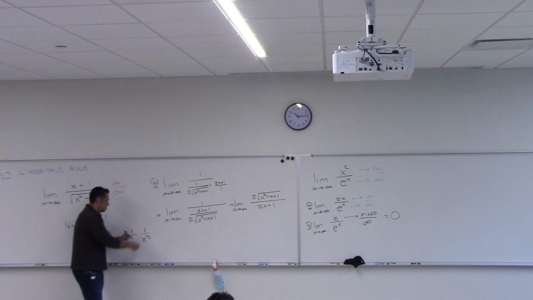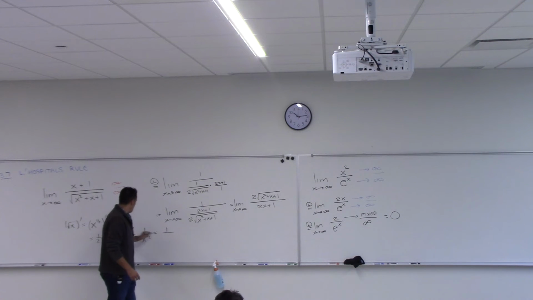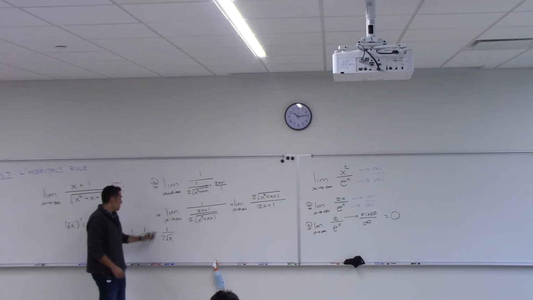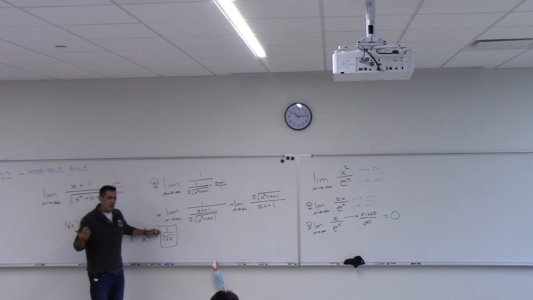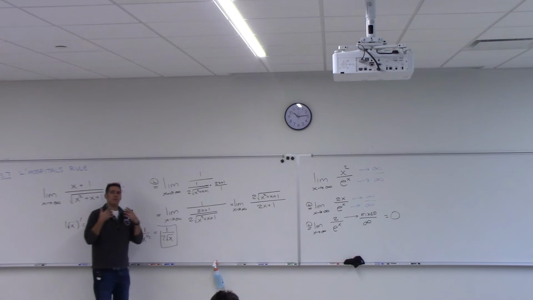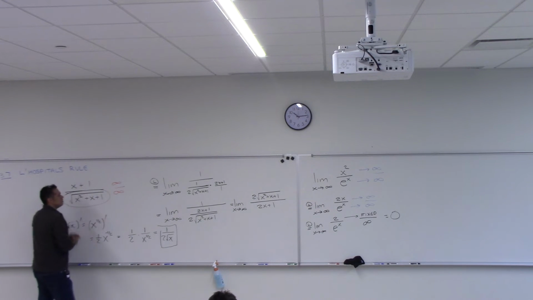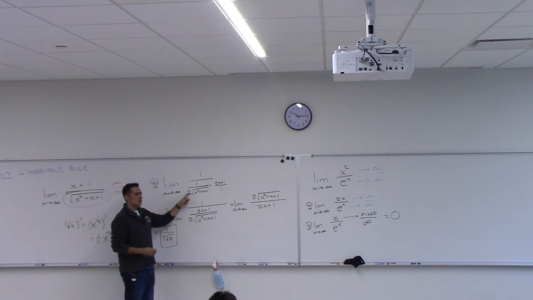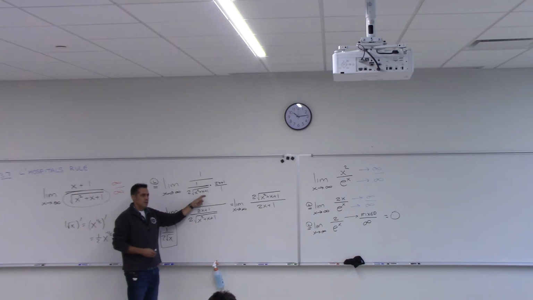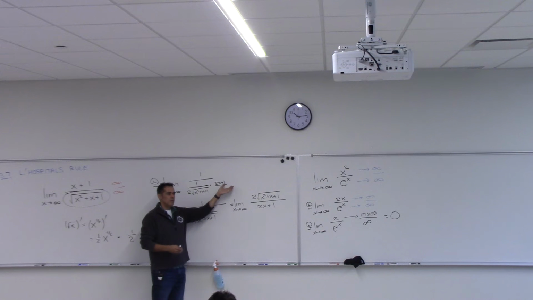Then I put those two together, making 1 times 1, and then 2 times that is 2 root x. And this is what I recommended to the class: when you take the derivative of the square root of x, just remember it as being 1 over 2 root x. And that's what I'm doing here. I'm taking the derivative of the square root of something, so I'm saying that's 1 over 2 root of the something. And then I continue with the chain rule.